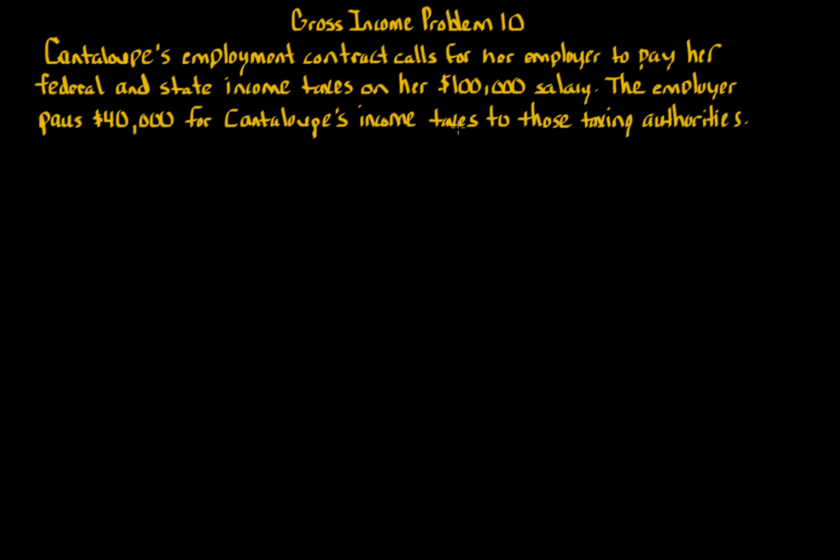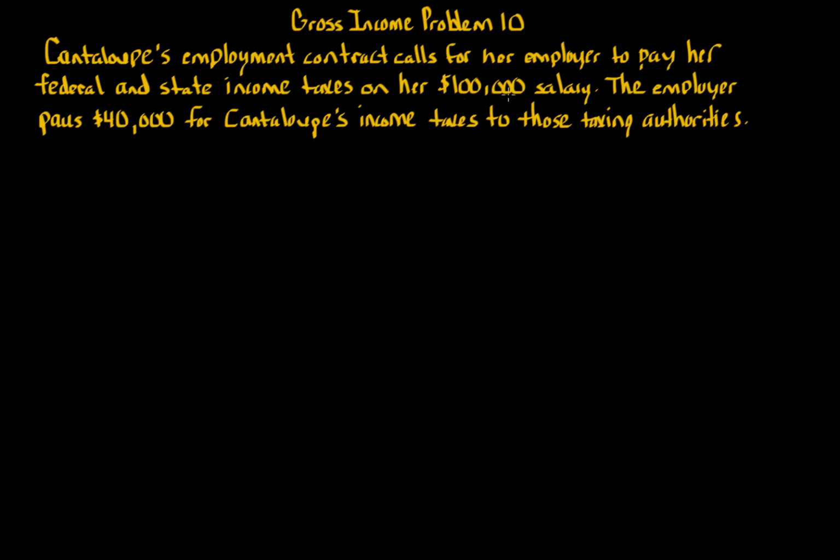So the idea here is, many of you that work out there that are watching this, you know that if you make a $100,000 salary, almost all employers don't pay your income taxes. They pay a portion of your employment taxes, but when it comes to income taxes, they don't do that. So if you made a $100,000 salary, you're probably going to get back about $60,000 to $70,000 after all the taxes come out, employment and income and whatnot, and also state and federal income tax.